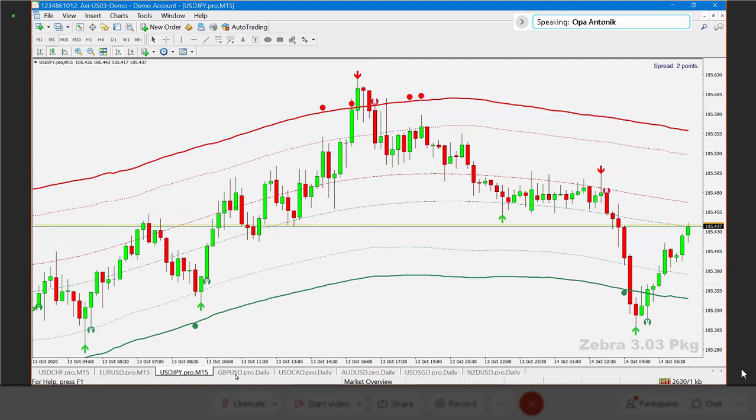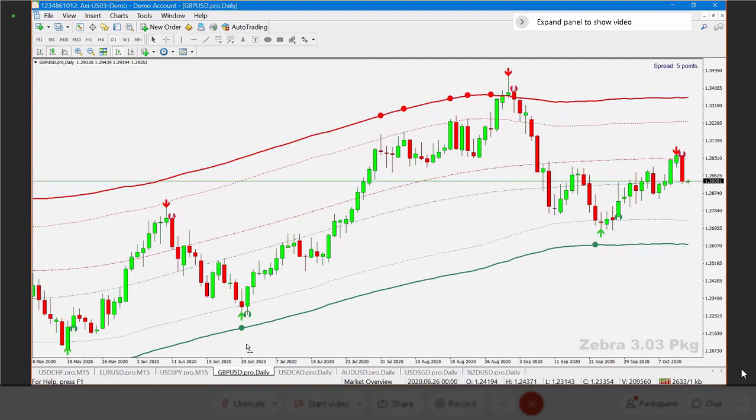Unfortunately, let's see if I can jump through this real quick. Okay, I got a daily confirmation here. So what are we looking at? We're looking at the pound US dollar. It's trading in the middle of the chart. The chart is pretty much flat.